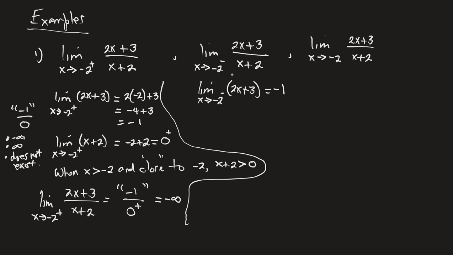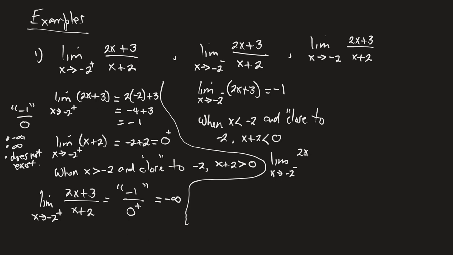However, in the denominator now, this is saying that your x is less than -2 and close to -2. If that's true, then what's in the bottom, x + 2, will now be less than 0. So what we end up having is this: the limit as x approaches -2 minus of (2x + 3) over (x + 2).